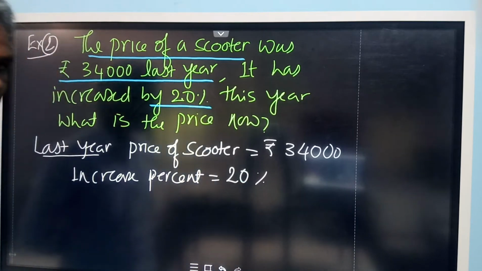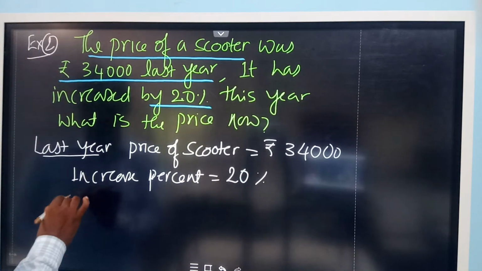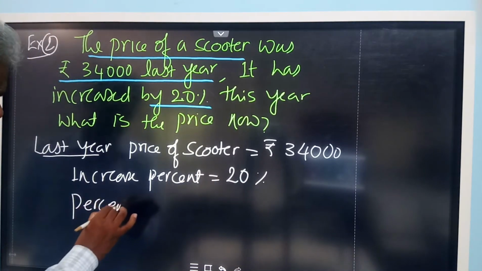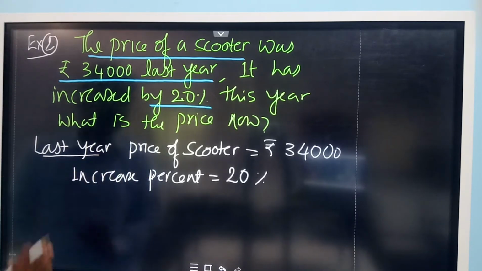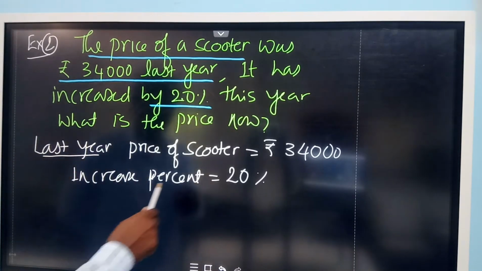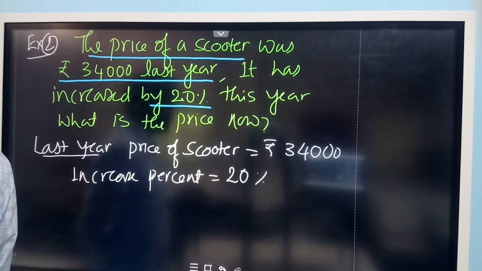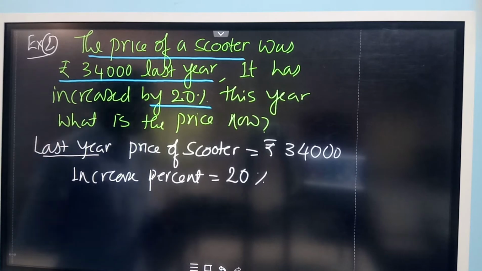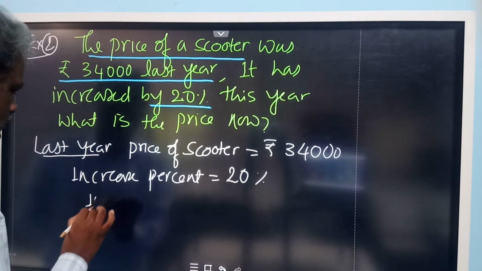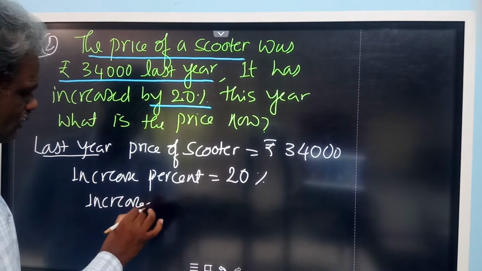It is given. Now what is the increase in amount you have to find out now. 20% increase means, so increase in amount. So what is the amount that is increasing?